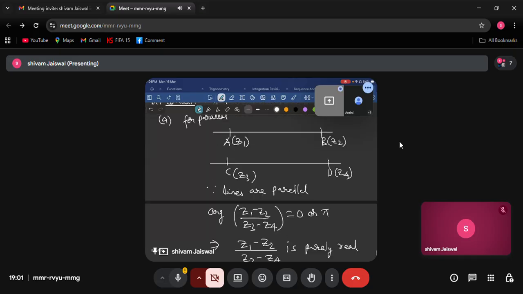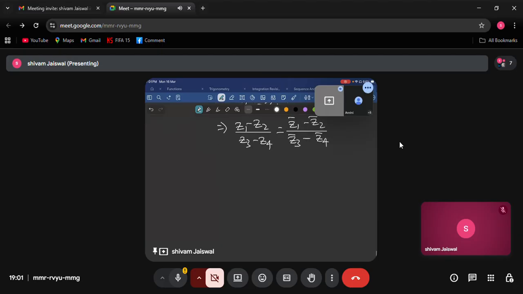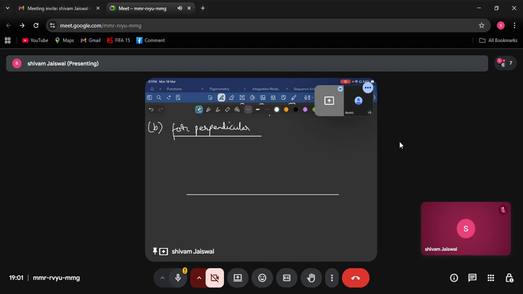For perpendicular, what will happen? Part B. For perpendicular, these two lines are perpendicular, with points Z1, Z2, Z3, and Z4.